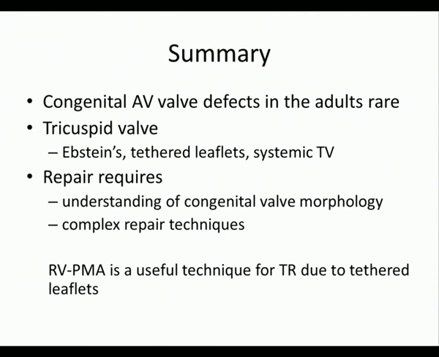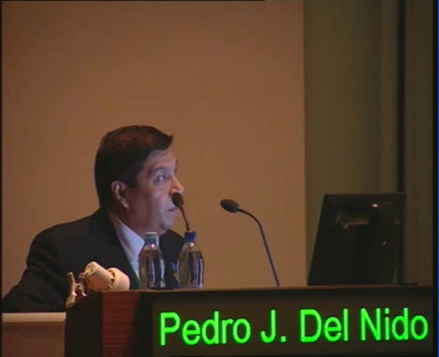The techniques that we have developed, which is this right ventricle papillary muscle approximation technique, I think we definitely are very enthusiastic about it in the pediatric world and have been using it both for functional TR in pediatrics as well as with associated lesions such as Epstein's. But I think it also has applications in the adult world, and I would love to convince my adult colleagues to at least think about the concept and see how they might apply it in your world.